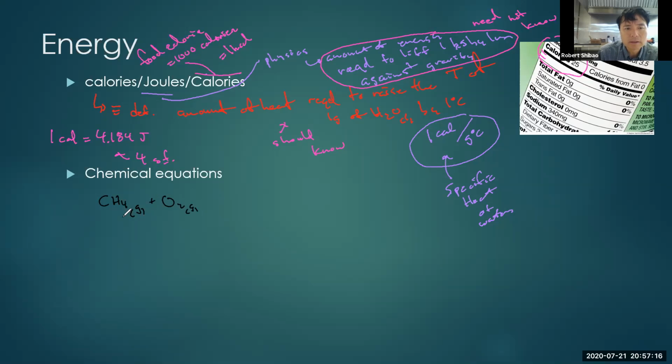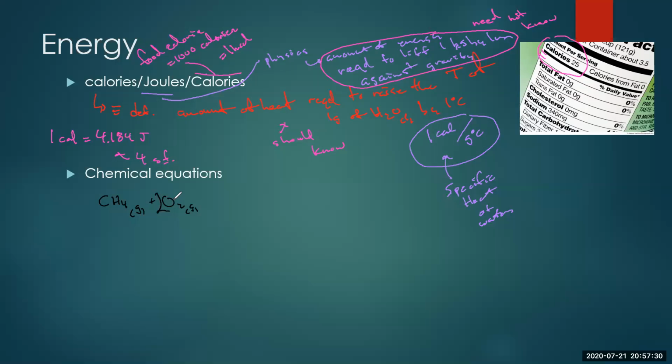Is this endothermic? When you burn methane, do you have to add energy to it? So should I do plus energy, or does it produce energy? This is 2 O2. When I burn a pound of methane, should I do something different? It turns out that it's exothermic.